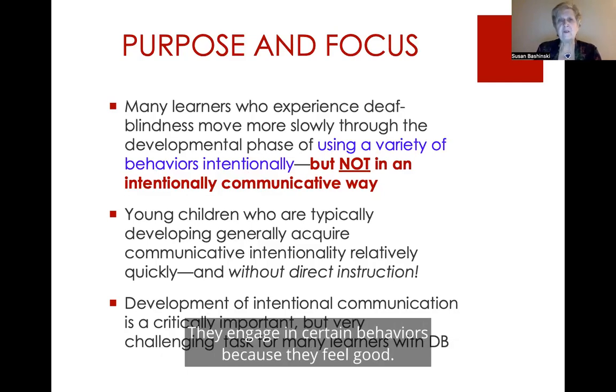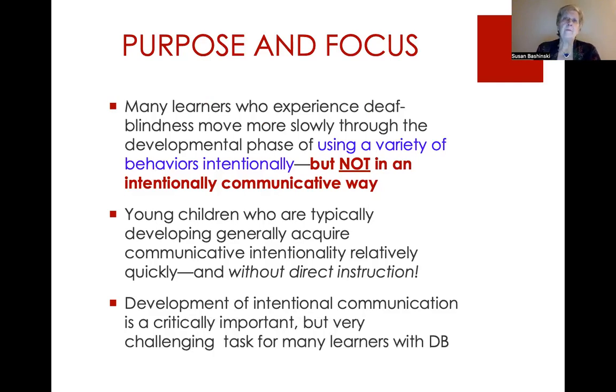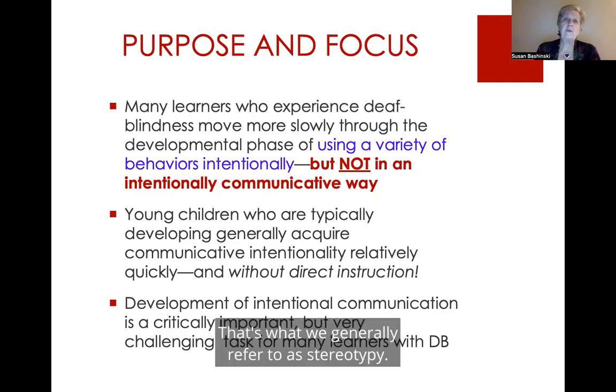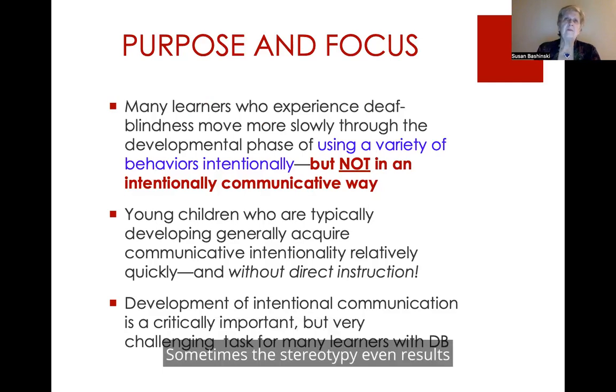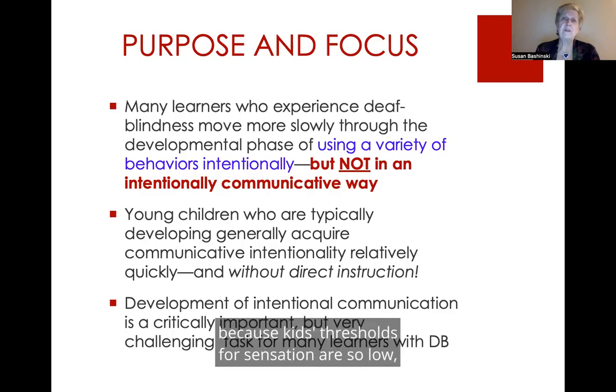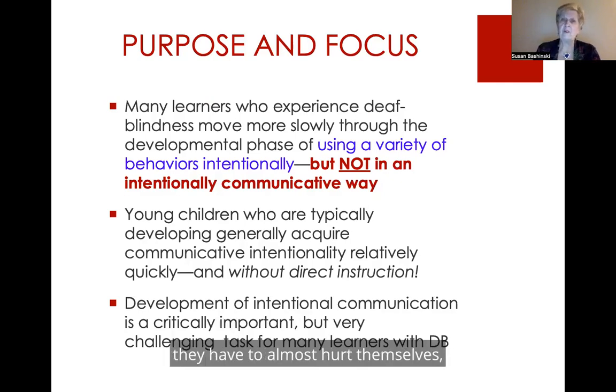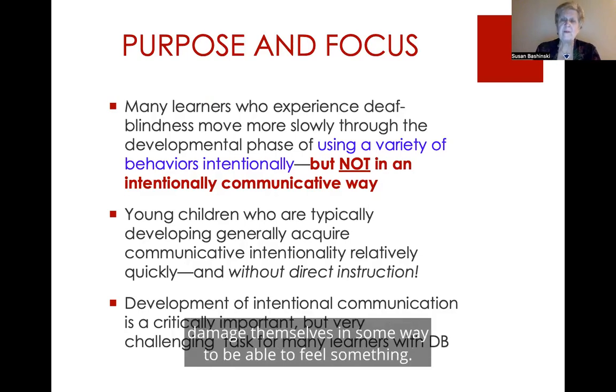They engage in certain behaviors because they feel good. That's what we generally refer to as stereotypy. Sometimes the stereotypy even results in self-abusive behavior because kids' thresholds for sensation are so low, they have to almost hurt themselves, damage themselves in some way to be able to feel something.